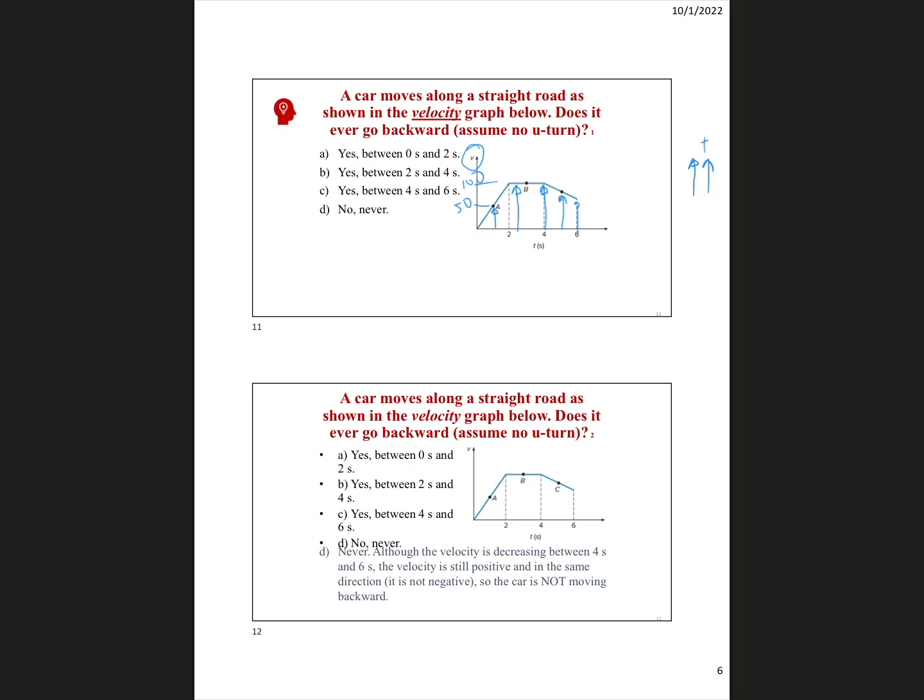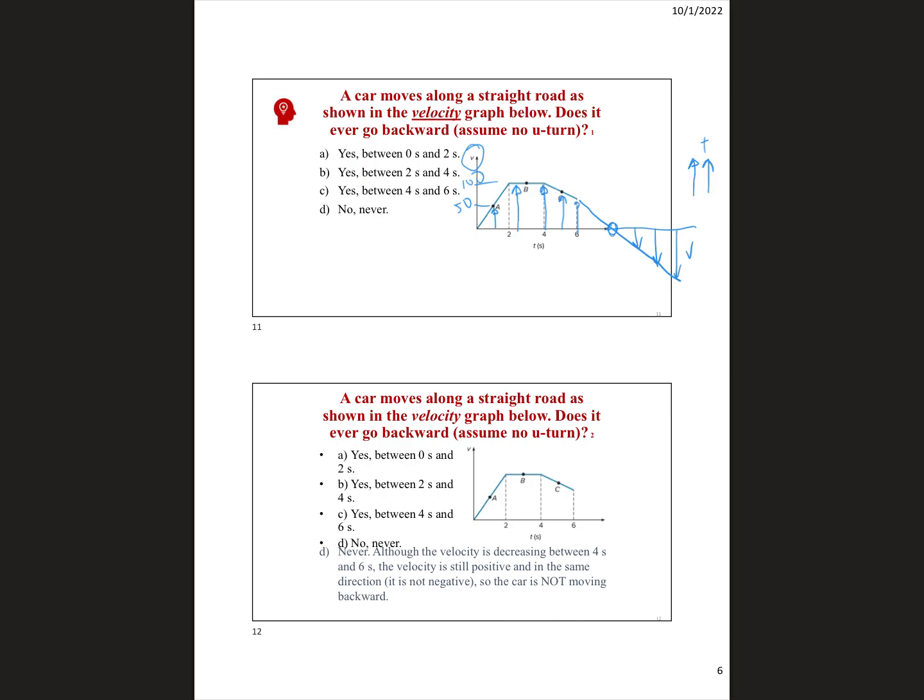When the velocity becomes negative is when you are coming back. And if you extend the curve like this and the time like this, after this point the velocity will be negative.